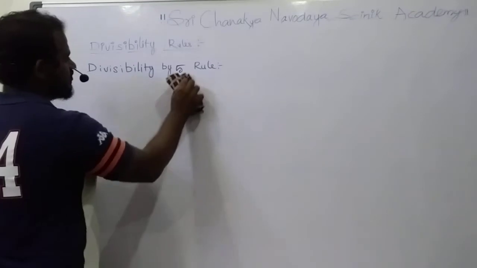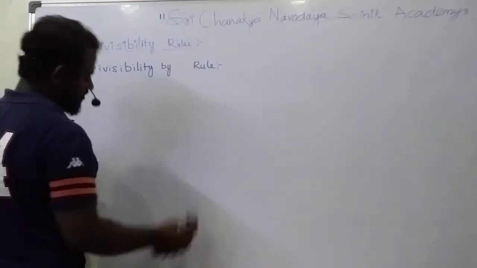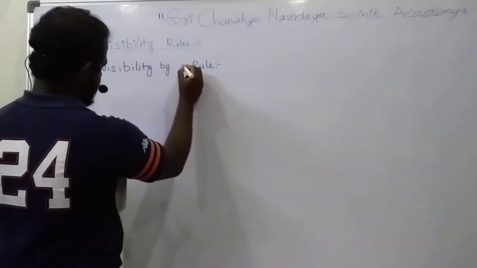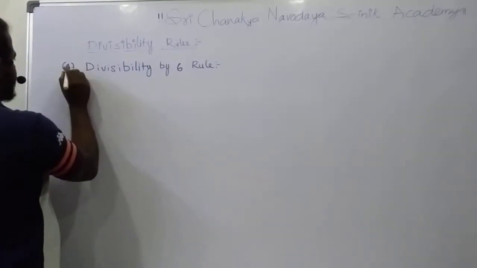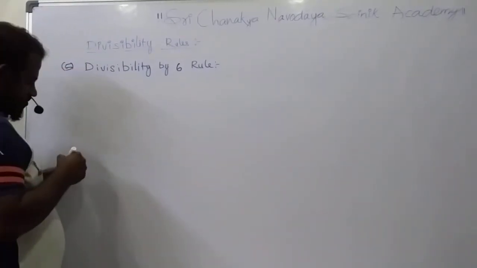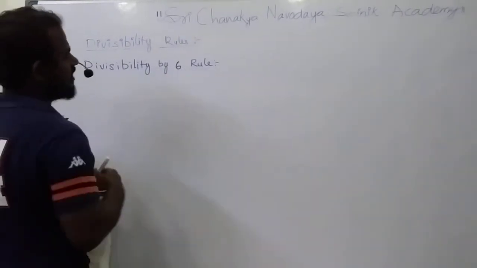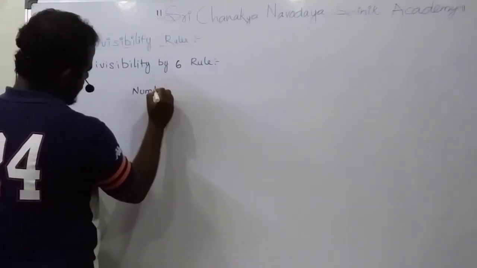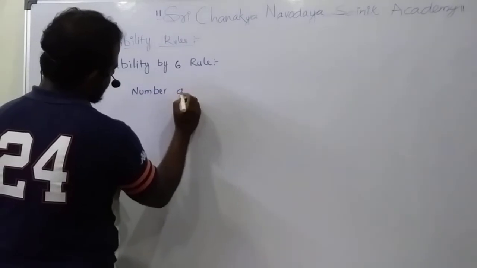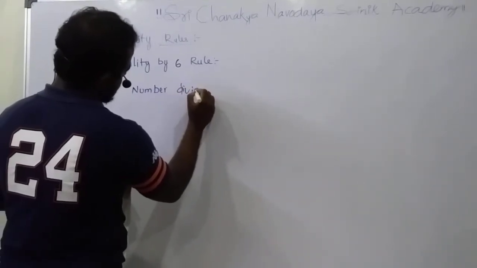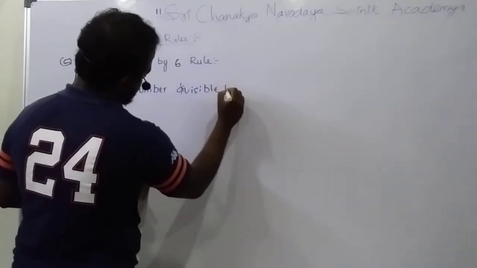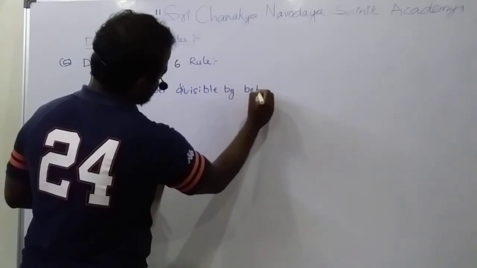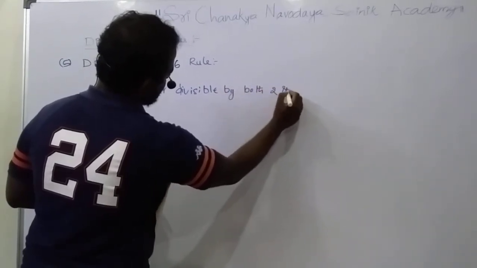Okay, divisibility by 5 rule done. Next, divisibility by 6. The divisibility by 6 rule criteria is, if the given number is divisible by both 2 and 3.